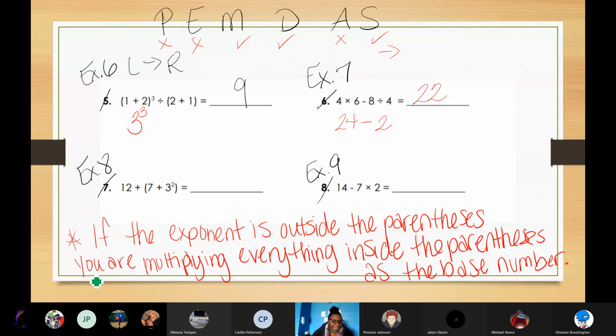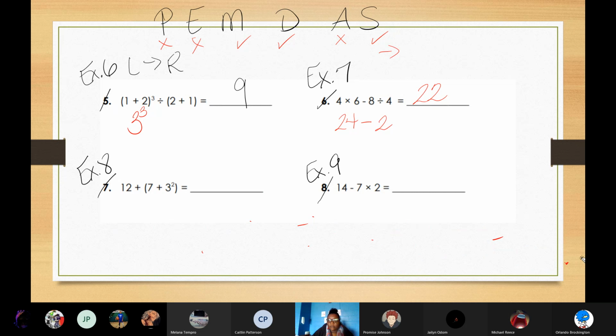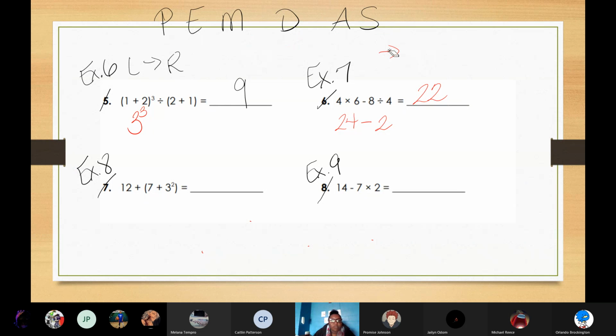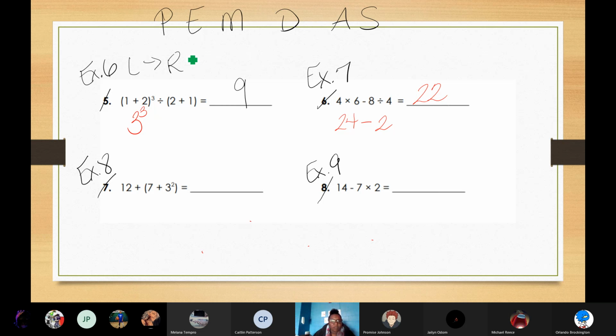So let's look at example 8. Remember, we have to solve everything inside of our parentheses first.